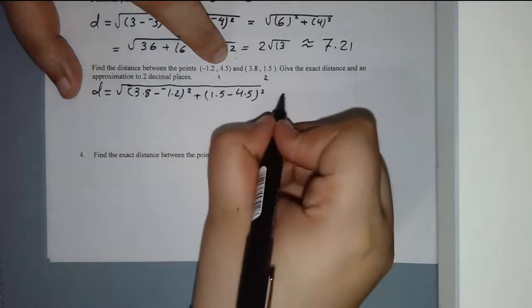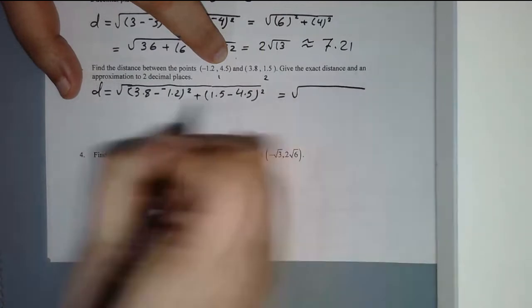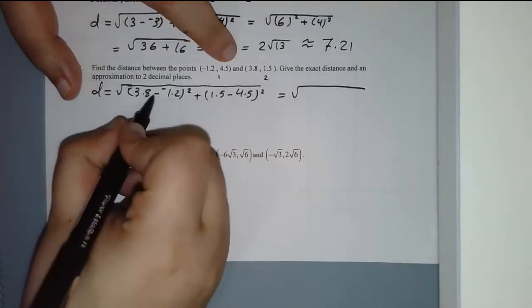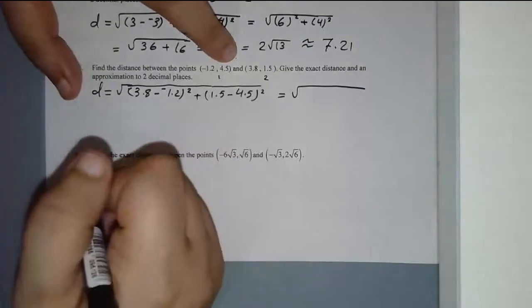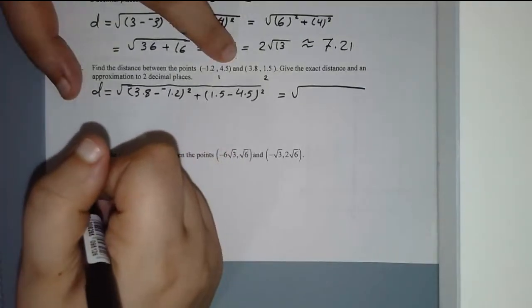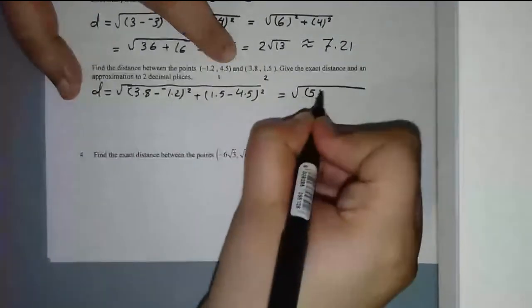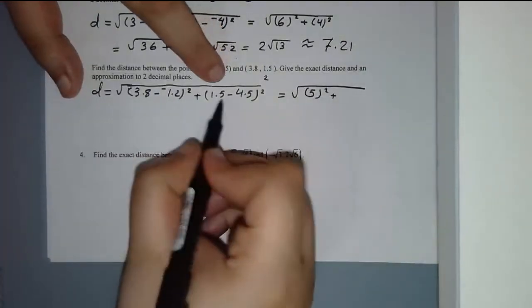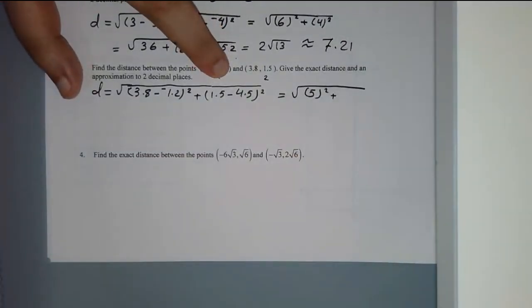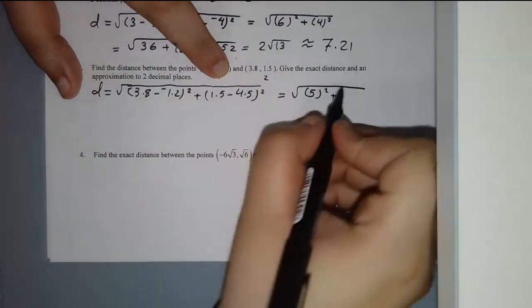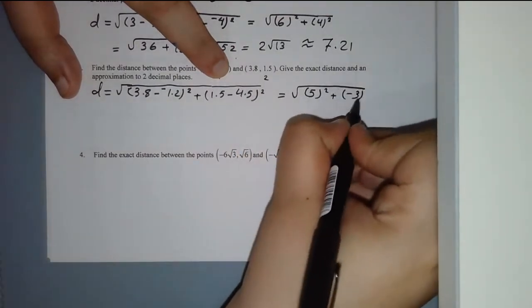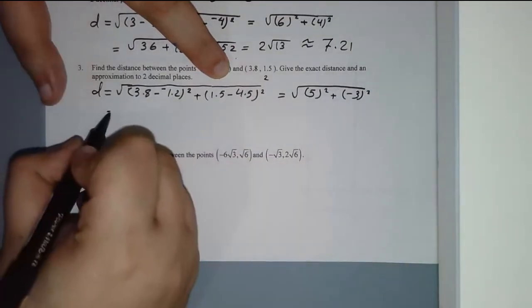Right, this equals what? Over here we have 3.8 plus 1.2, basically, which is 5, right? Squared. Plus, over here we have 1.5 minus 4.5, which gives you negative 3. Whole thing squared equals.